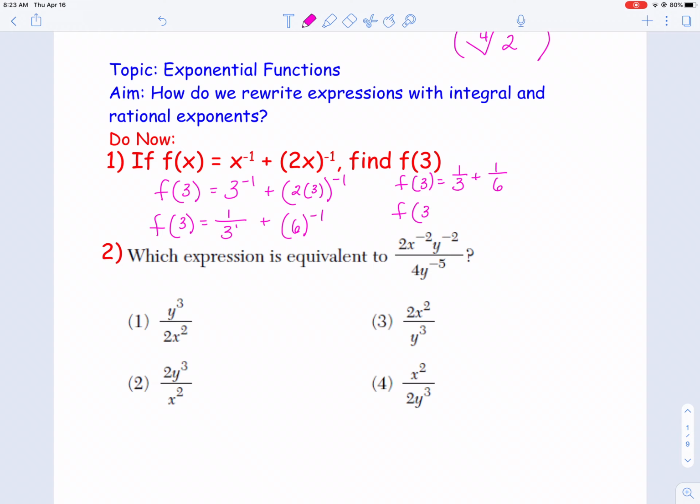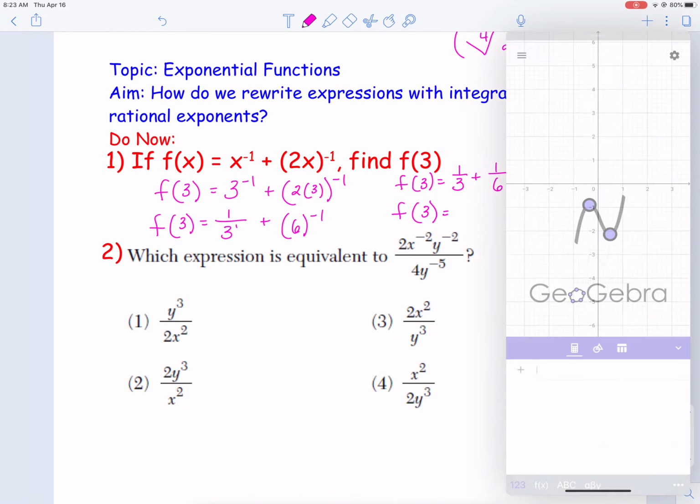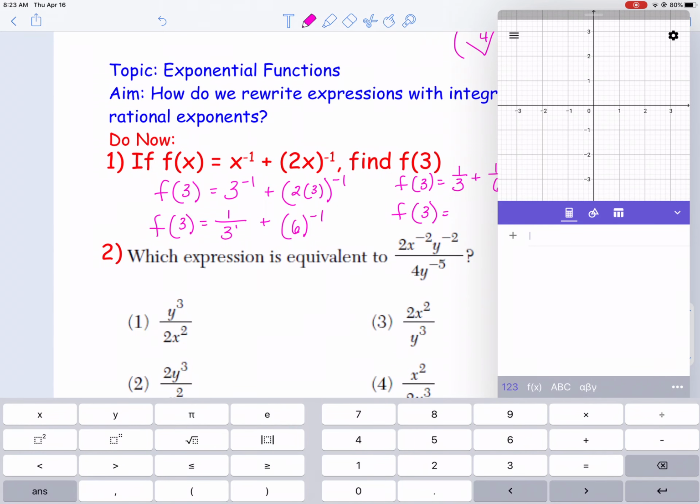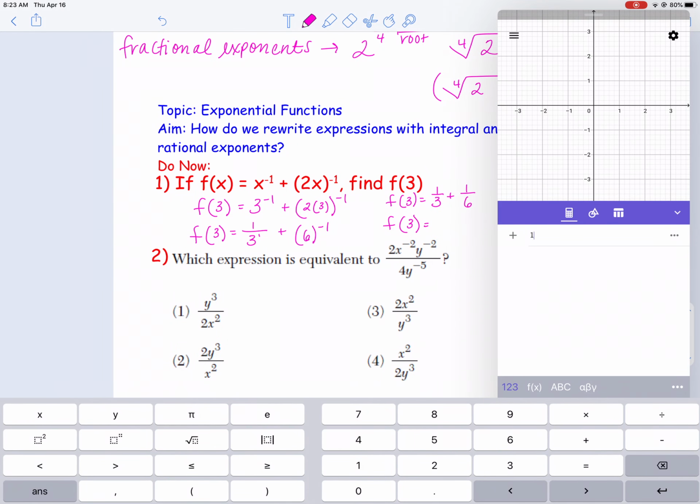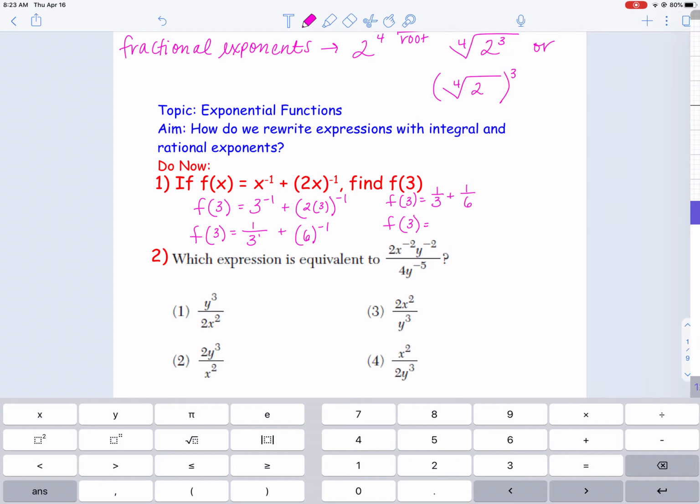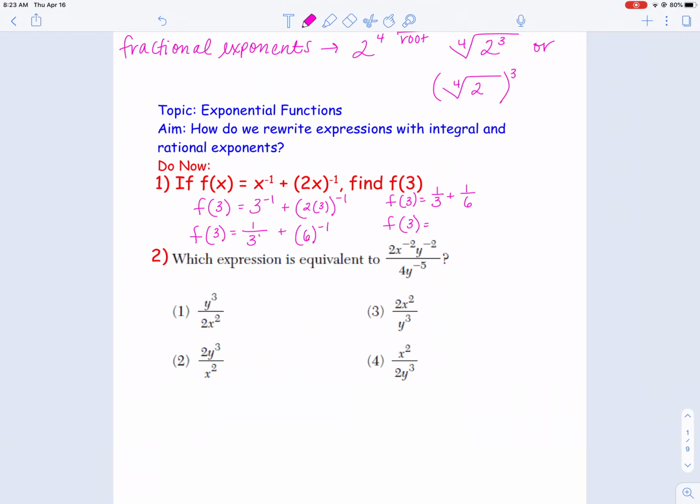You can go right to the calculator. You don't need to find common denominators. Do 1 divided by 3 plus 1 divided by 6, and there's your answer, 1/2. So there's some negative exponents.